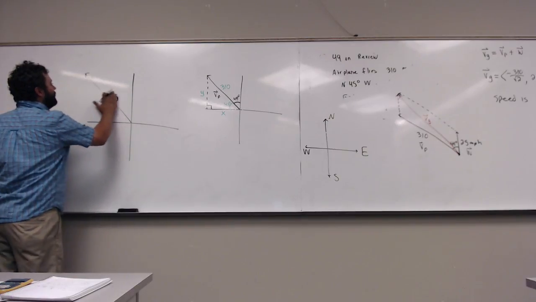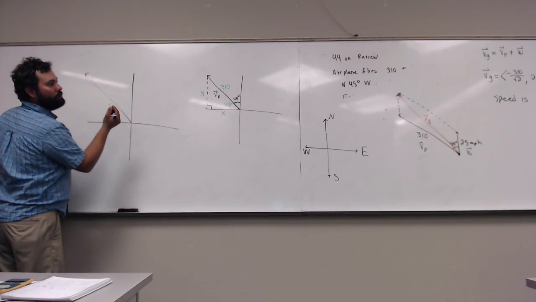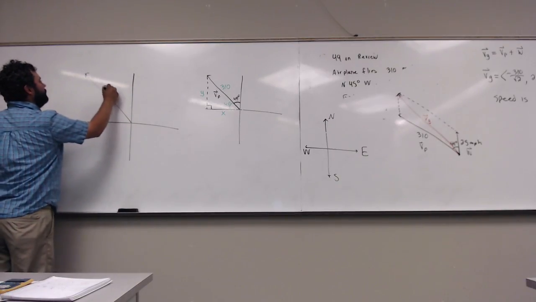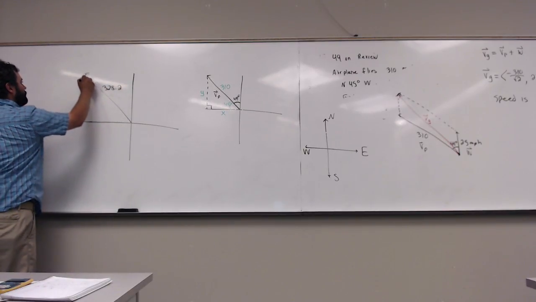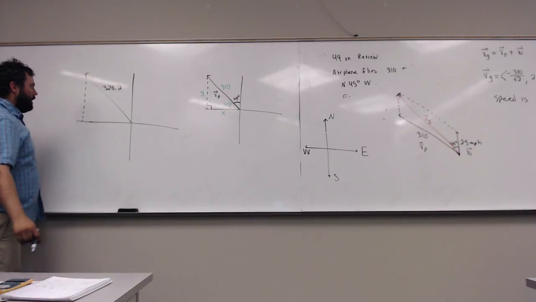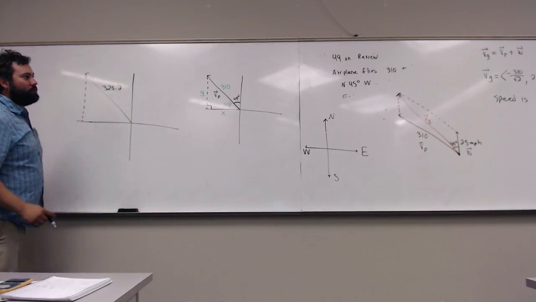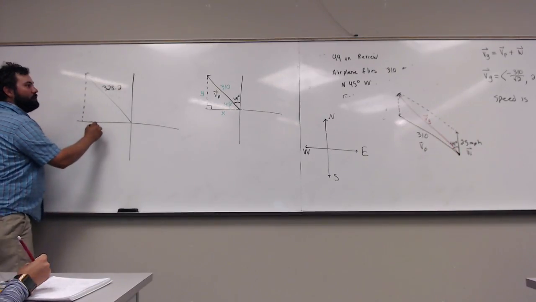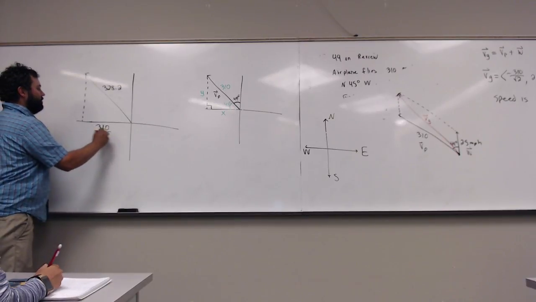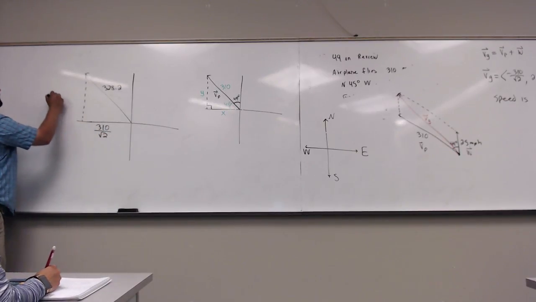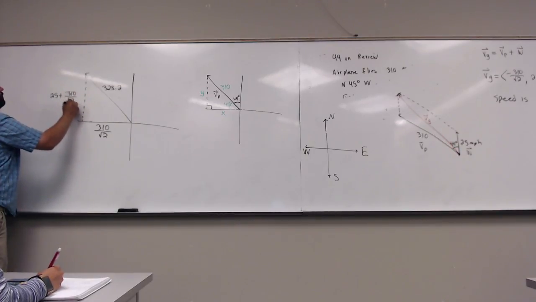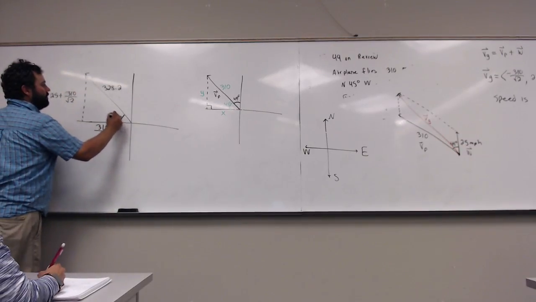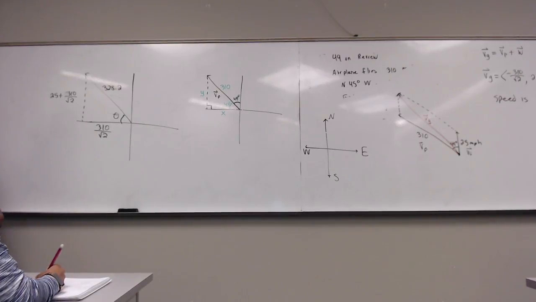We know this vector is now 328.2 long. I also know the components. The x direction was 310 over root 2. The y direction was 25 plus 310 over root 2. If I find this angle right here, that'll give me the direction.